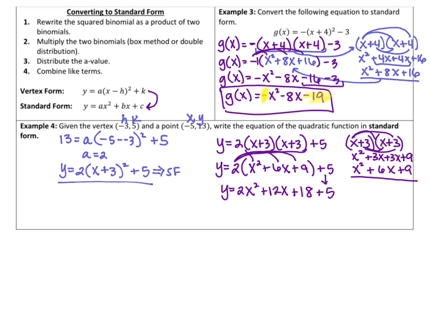Don't forget to bring down that 5 there, and then combine those like terms. You should finish off with y equals 2x squared plus 12x, I guess keep my 2's consistent, plus 23.